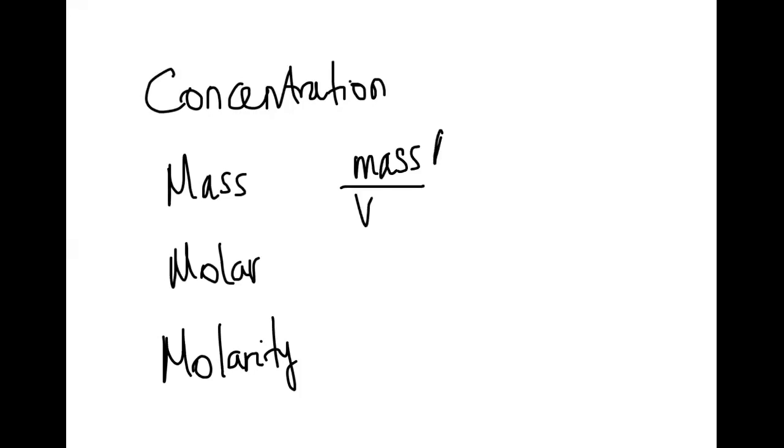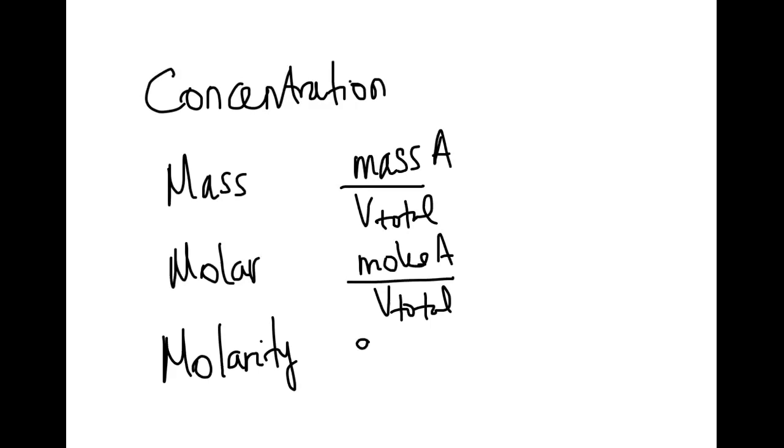So let's say mass of A per total volume. The molar concentration would be the moles of component A over the total volume, and the molarity, which is a very particular molar concentration, is the gram moles of component A over a liter of solution.